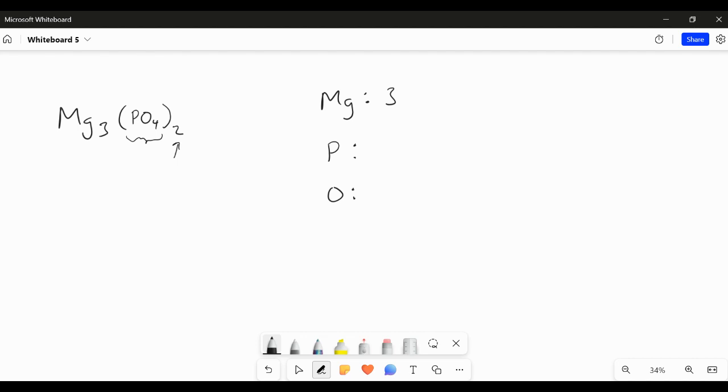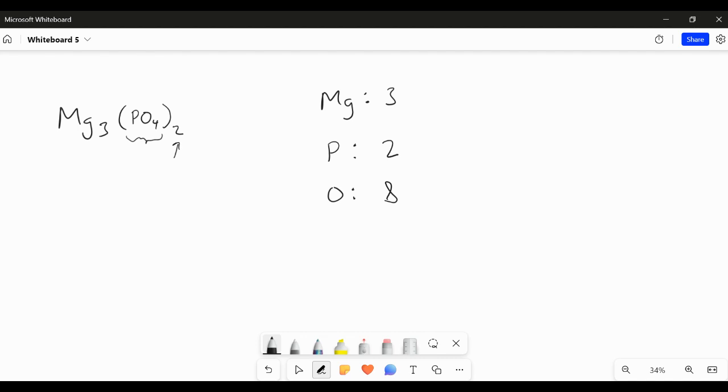So inside the parentheses, there's one phosphorus, but because we have two copies of that, there's two. And inside the parentheses, there's 4 oxygens, but because we have two copies of that, there's 8. So in this molecule, we have 3 magnesiums, 2 phosphorus, and 8 oxygen.